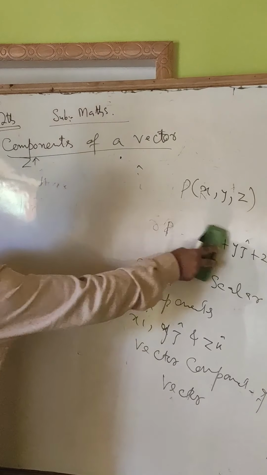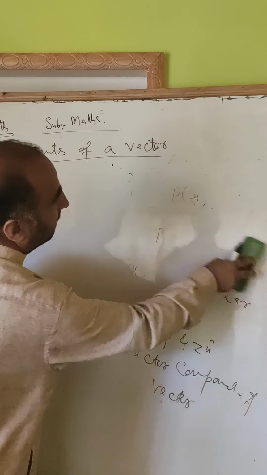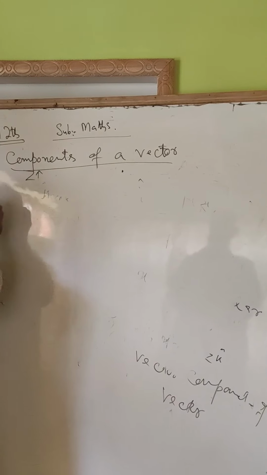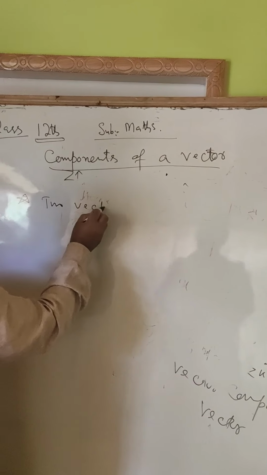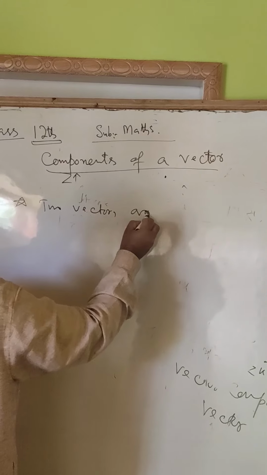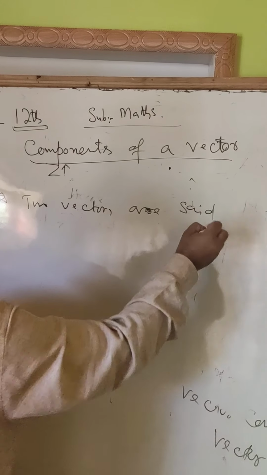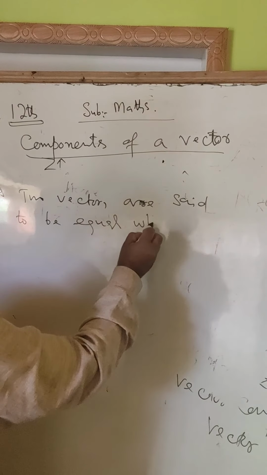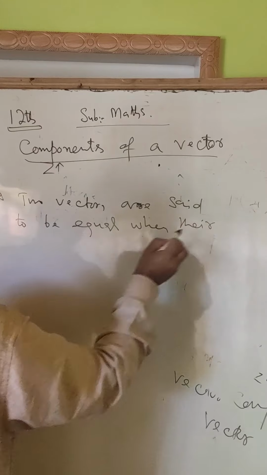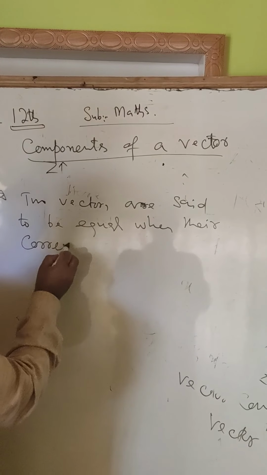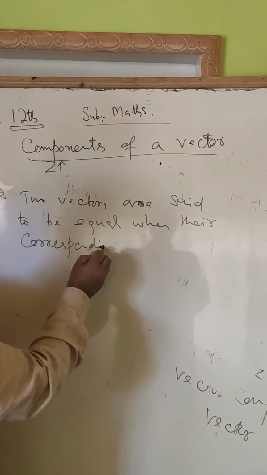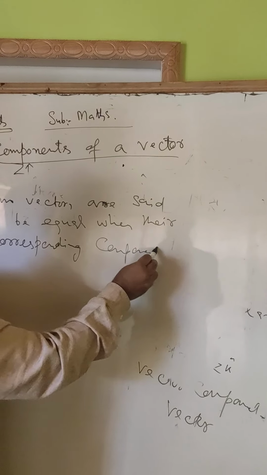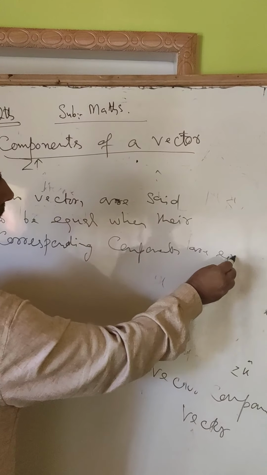Two vectors are said to be equal when their corresponding components are equal.